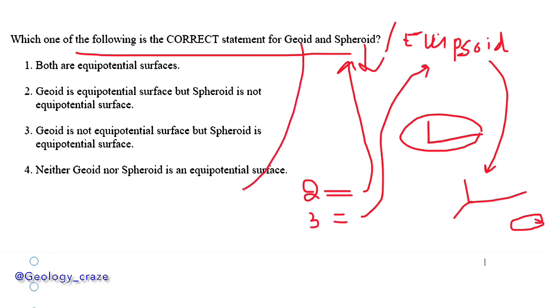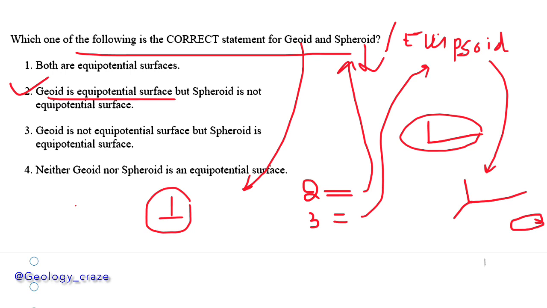And the term geoid is the equipotential gravity surface of earth at mean sea level. We call it a geoid. And there is one more condition: at any point, it is perpendicular to the direction of gravity. So our correct answer is this: geoid is equipotential, but spheroid is not equipotential.